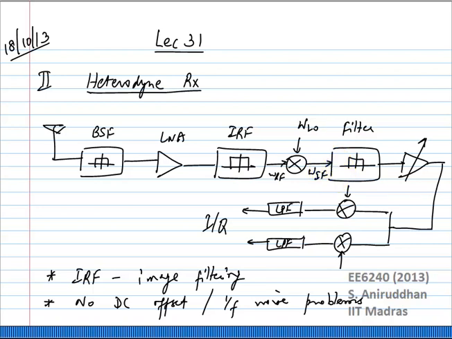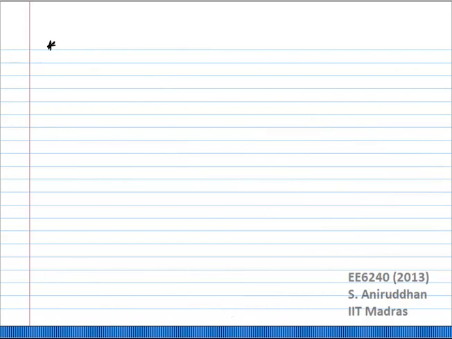You can choose either IF very large or very small. Depending on that, the trade-offs are different. Let's say you choose high IF. If you choose high IF, this means that your image reject filter becomes very easy, because your IRF is a band pass filter. If you choose a wide IF, filtering out your images becomes much easier.